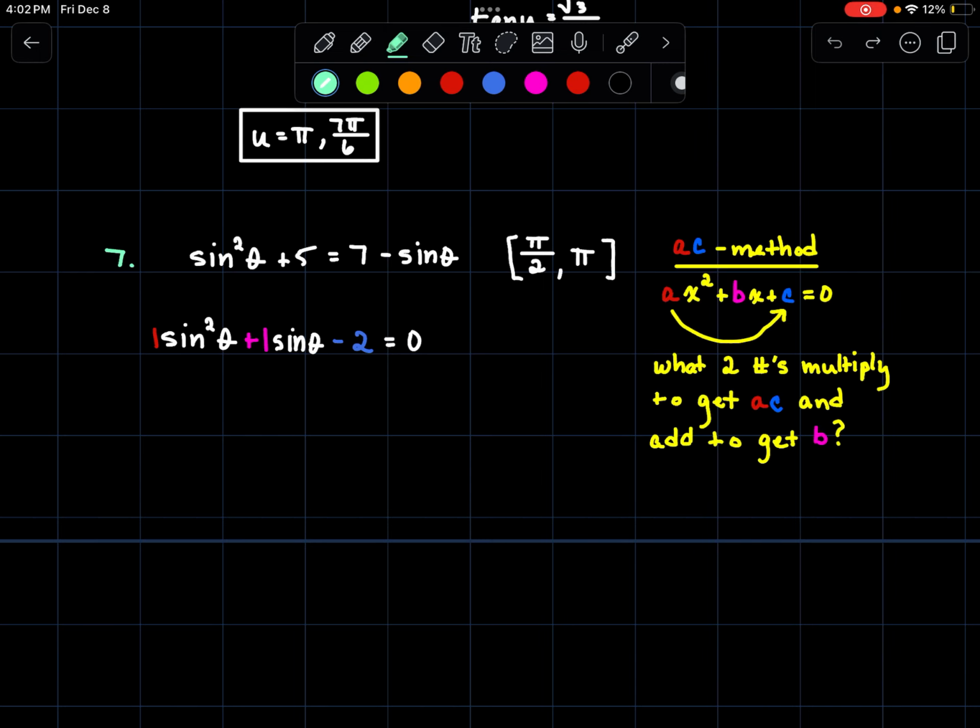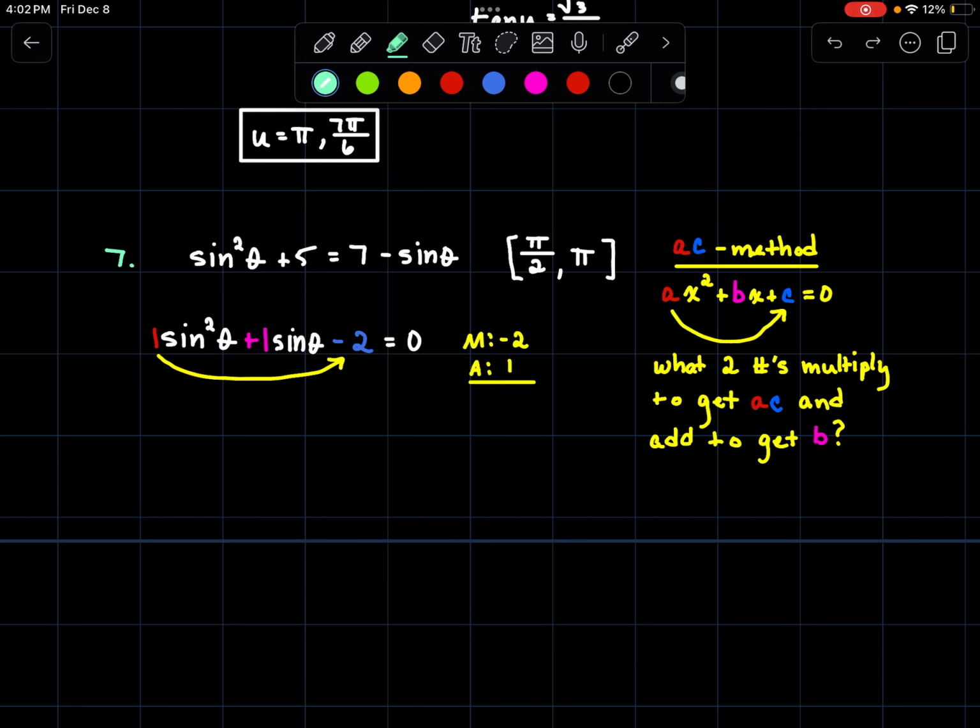Now, what is that AC method? Let me remind you that we're going to take the quadratic leading coefficient times the constant. Your job is to look for two numbers that multiply to get the product of A and C, but if you add those two numbers together, you're going to get the middle number of B. So what's that look like? We got 1 times negative 2.